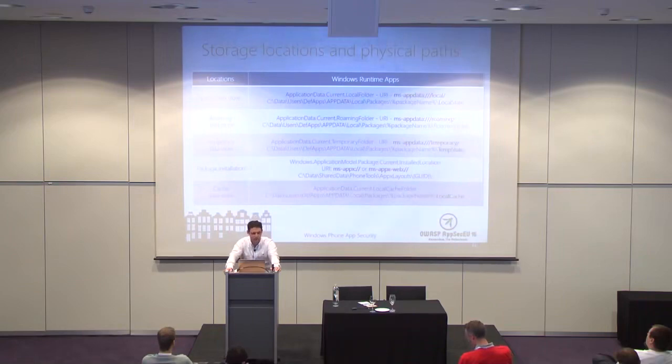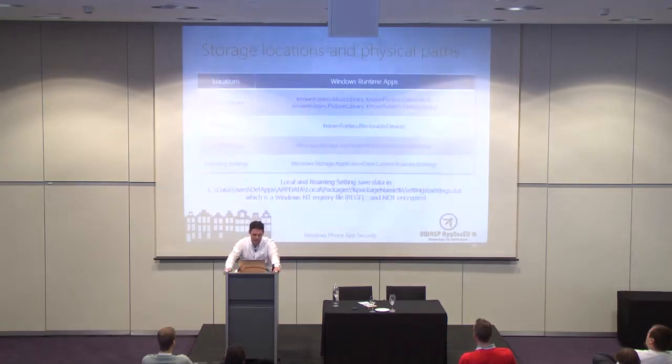We also have a package installation folder. We can write data inside the installation folder, but an app can basically read its code. We also have other places such as the media library, the SD card, or application settings files, which are stored as clear text files in the file system.